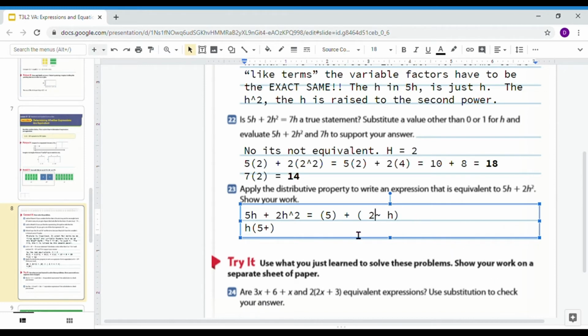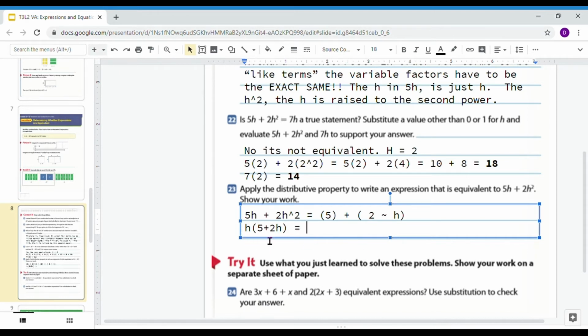But if you notice, I was still left with 2 times h. So I have to leave that because I only pulled out one of those h's. That other h was still left in that parenthesis. So when I pull this out for the distributive property, I'm left with h times the sum of 5 plus 2h.